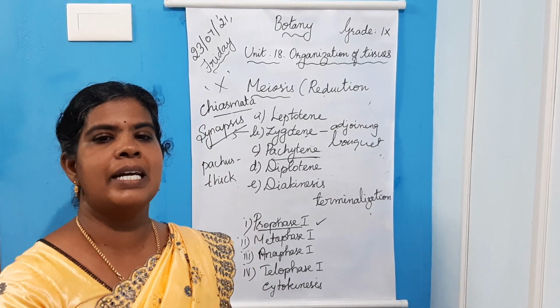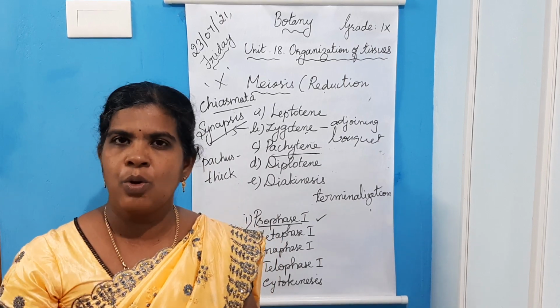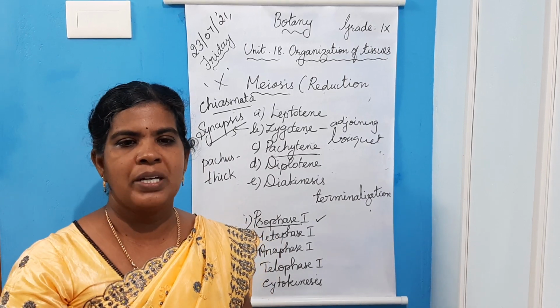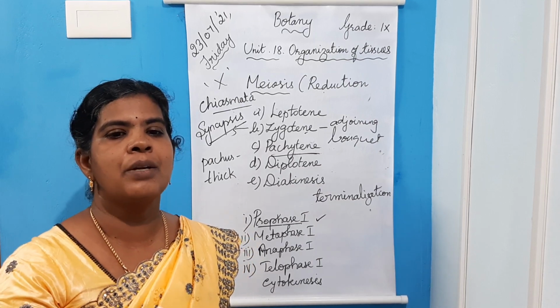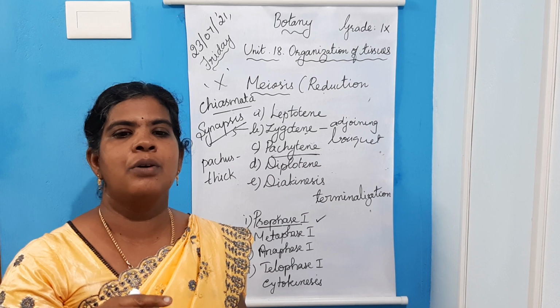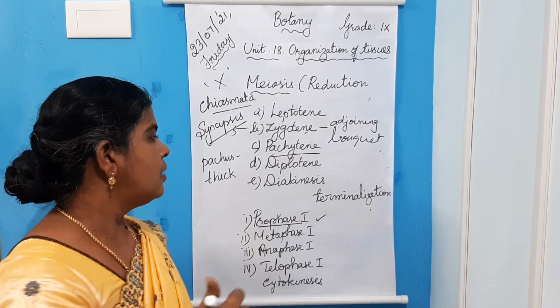The next one is diakinesis. The paired chromosomes become shortened and thickened, and the nuclear membrane and nucleolus begin to disappear.